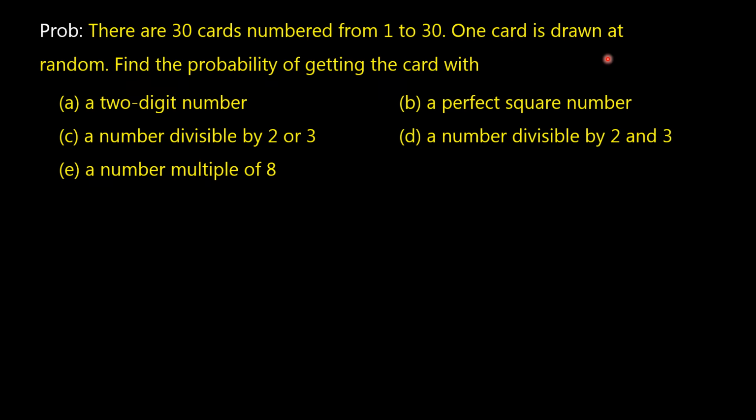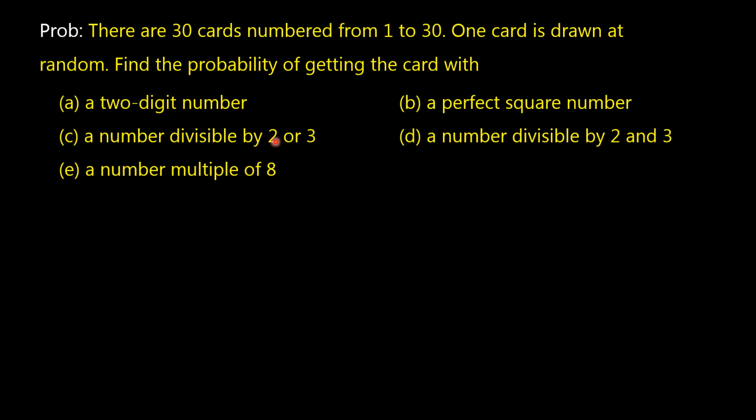Now this is a problem related to probability because here one card is drawn at random. We cannot tell the exact card which card we will get. So you have to find the probability of getting the given 5 events. To solve any problem related to probability, you have to identify the random experiment and the respective sample space.